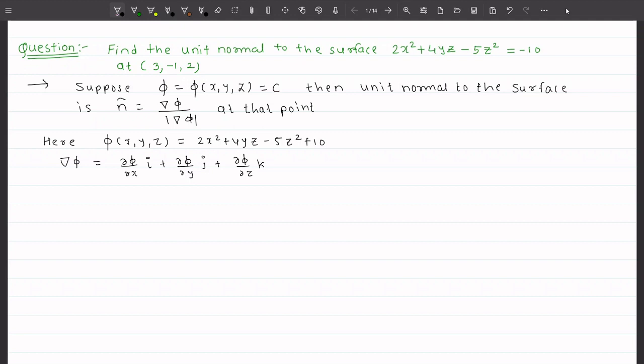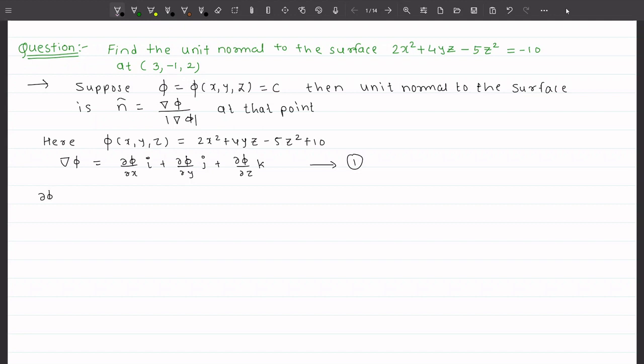So we need to calculate φx, φy and φz. We call this equation 1.